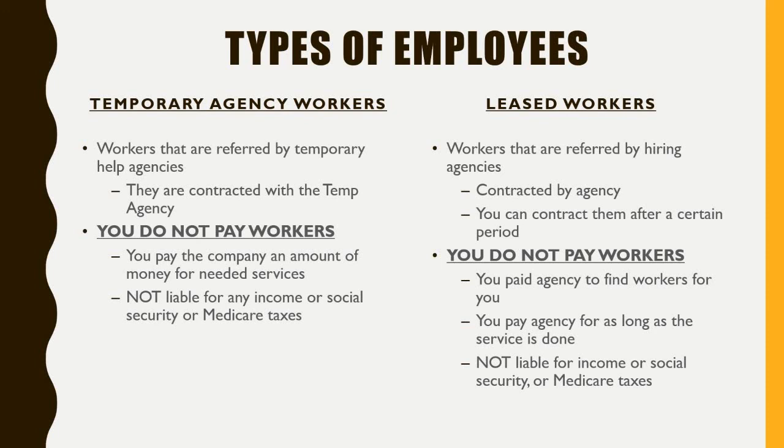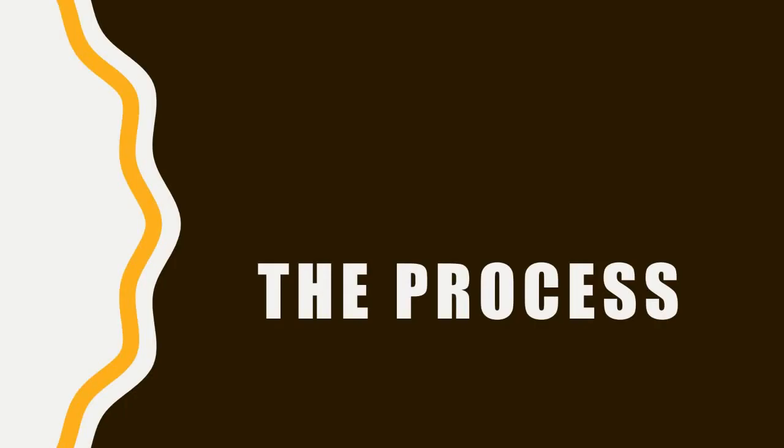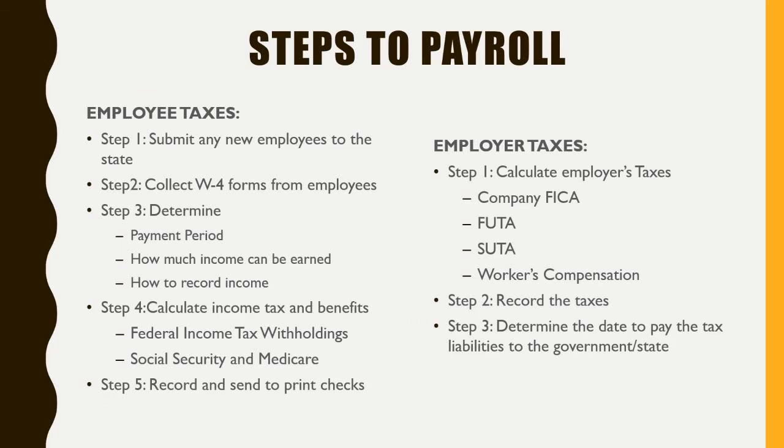All right. Let's go ahead and dive into the payroll process. So once again, only our common law and our statutory employees are going to be the only two types of people that are going to be under our payroll. So how does the process work? Here are the steps that you have to take.